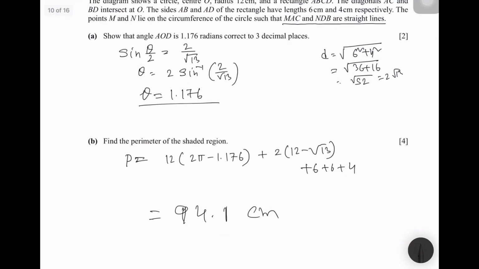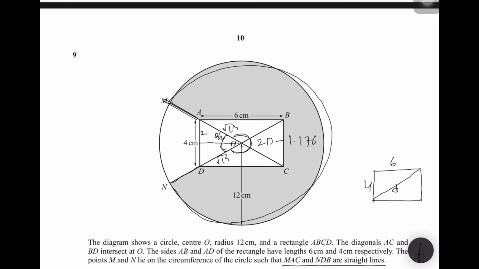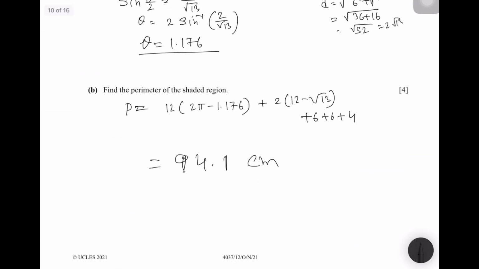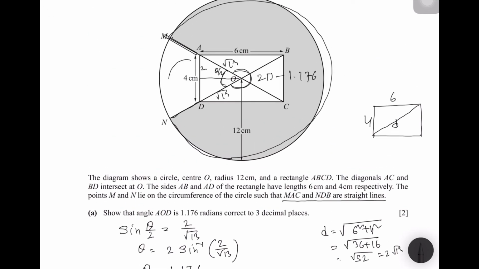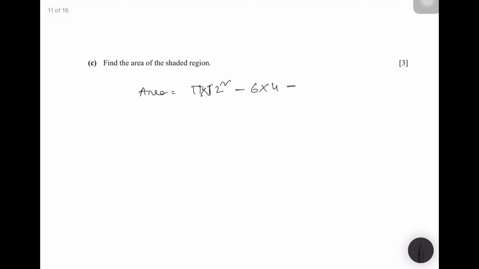Okay, now next you need to find out the area of the shaded region. Area means the whole complete circle, pi r square, pi into 12 square, minus the rectangle 6 into 4, but now you need to subtract this part as well. So this is a segment, sector minus triangle.